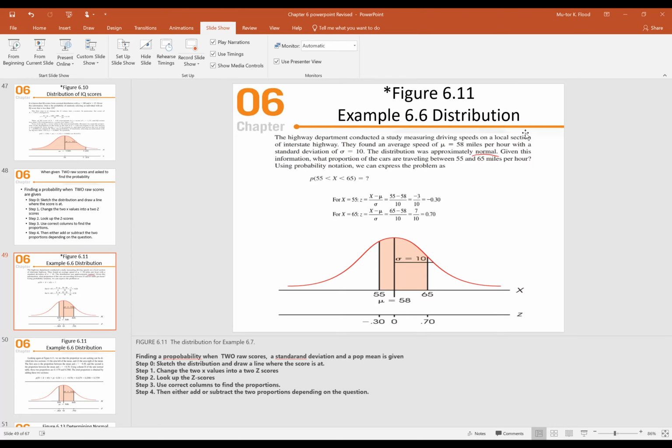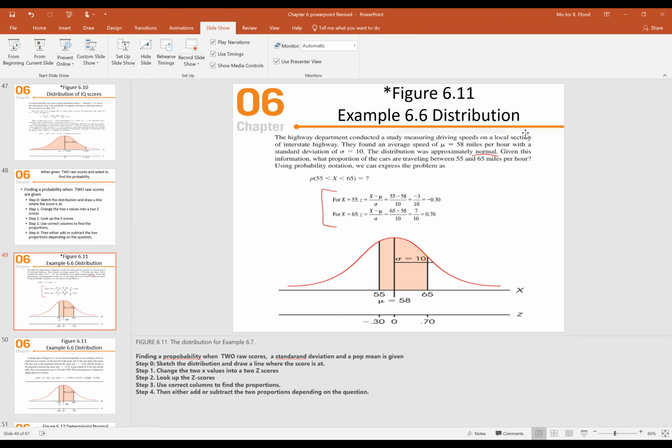All right. So what we did was we took those two X scores and we are going to change them into Z scores, as shown below. So 55 miles per hour is equivalent to a Z score of negative 0.30. And 65 miles per hour is equivalent to a Z score of 0.70. And we're going to draw our distribution.